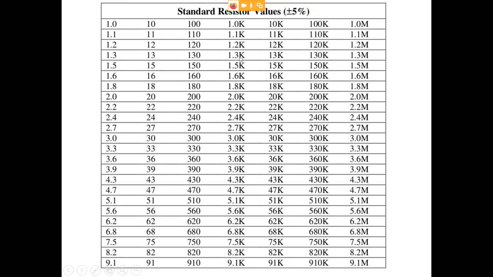They do make the 1.3 and 1.5 like it shows here, but those are much less common. And then they go to 2.2, and then 3.3, 3.6, 3.9 are pretty common. 4.3, you can get them, but they're not that common. 4.7 is extremely common, or 5.6 is extremely common.